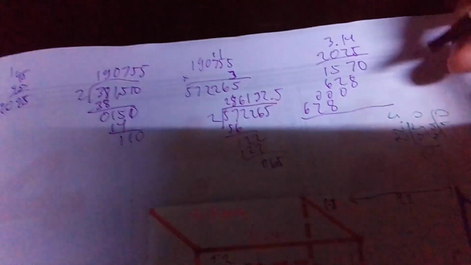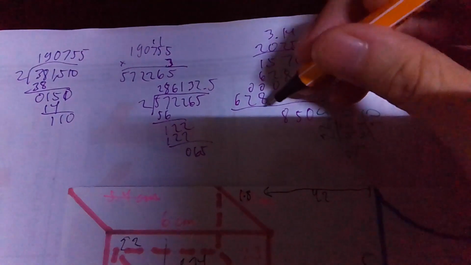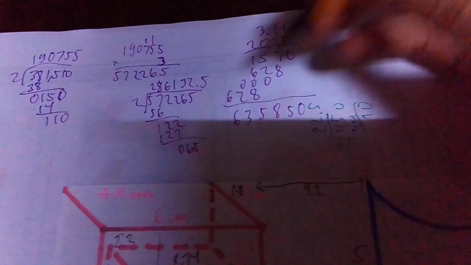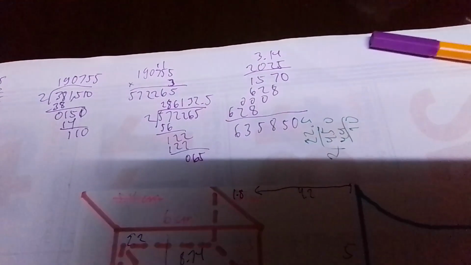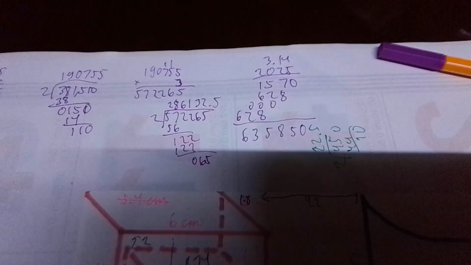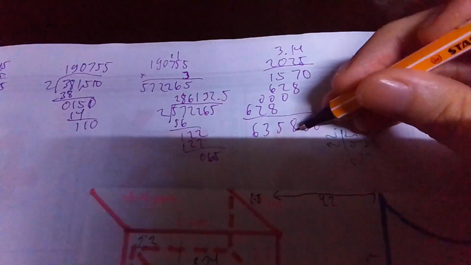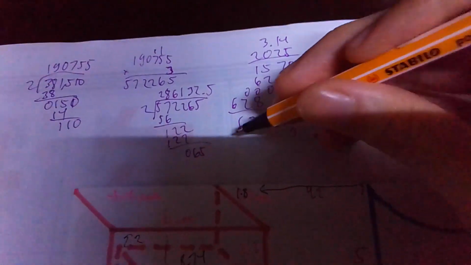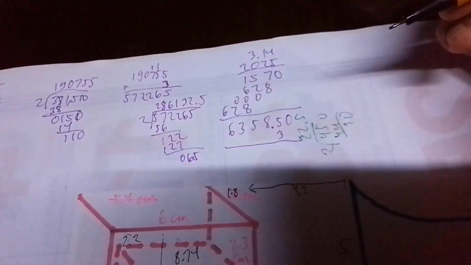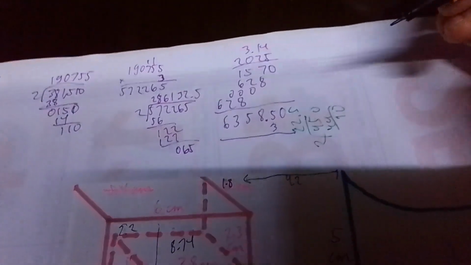Okay? Now we add up all the following. 15, 8, 15, 3, 6. Okay? Then, decimal point. Where should we put it? Dito. Now, we have to multiply it by 3. Because remember, that's pi r squared, right? Now, we have to multiply it by 3.